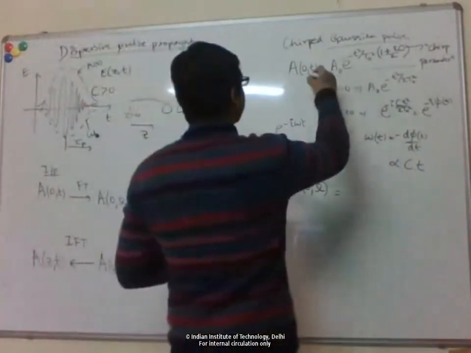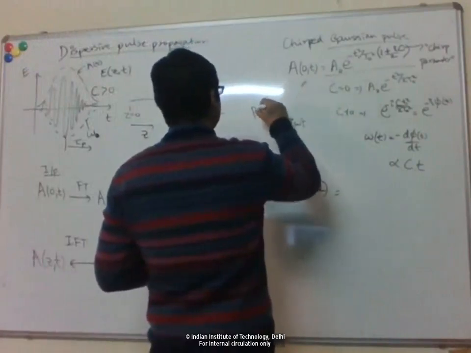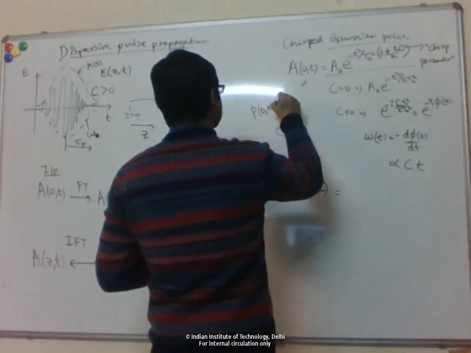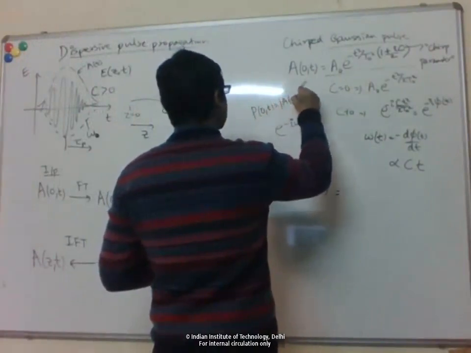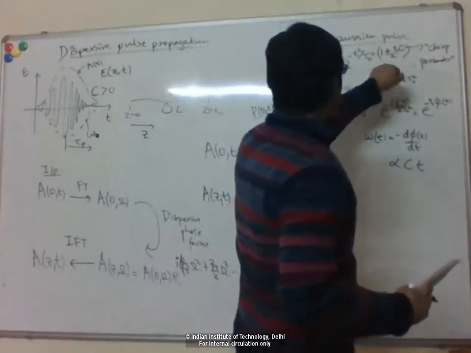One thing to note is if I look at the power or the intensity, that will just be the mod square. So that you can see just depends on T naught.